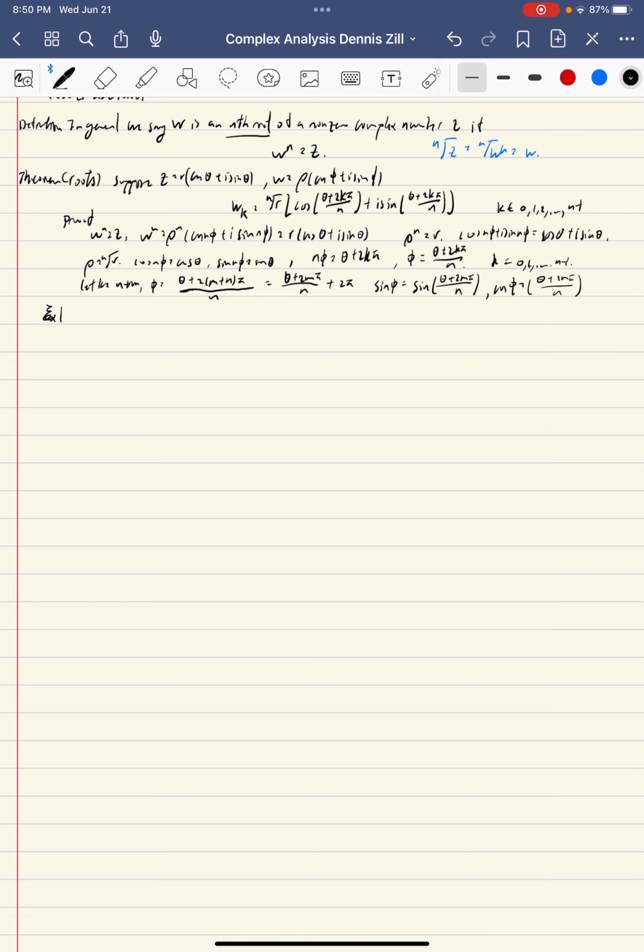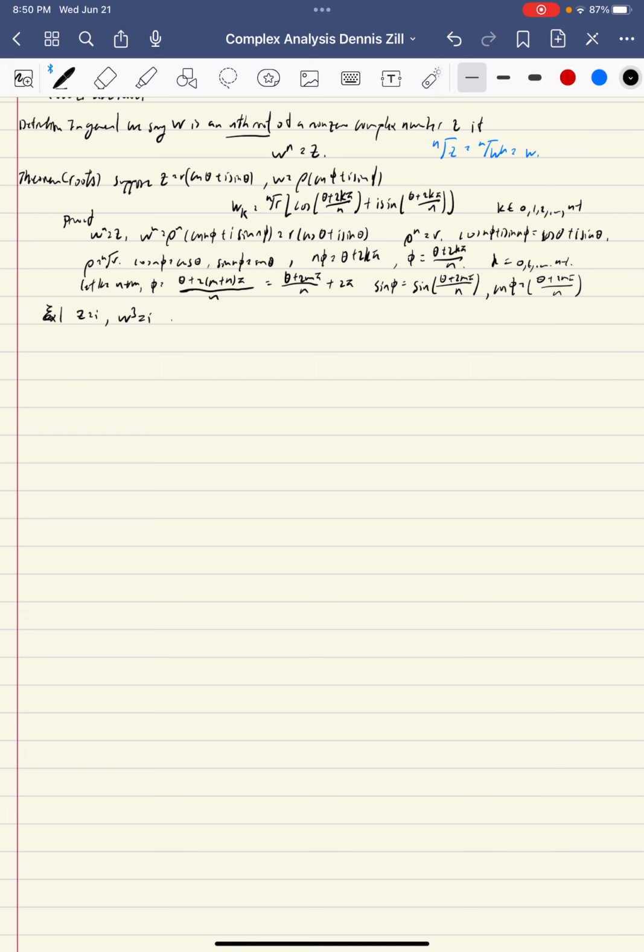Let's say we have z equals i. Let's solve the equation w cubed is equal to i. So now we want to take the cube root. What are the possible cube roots?